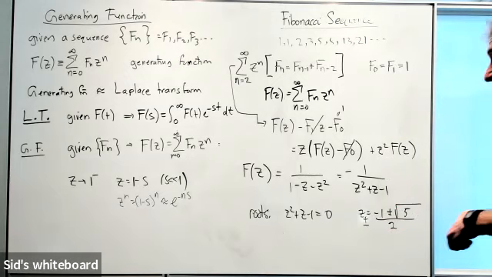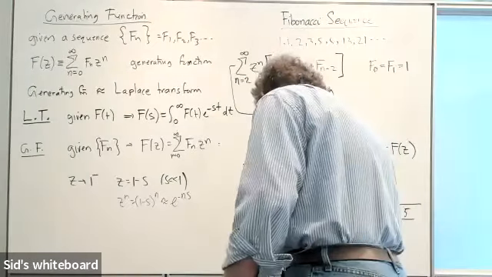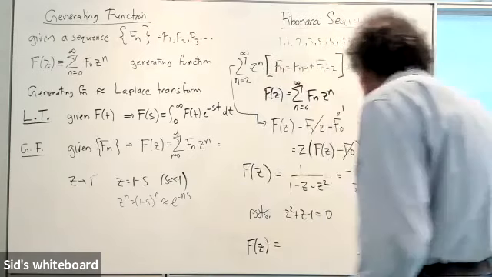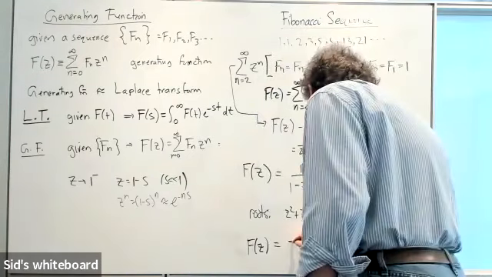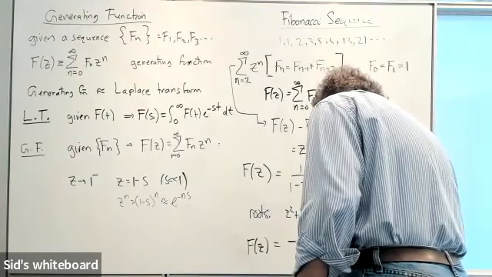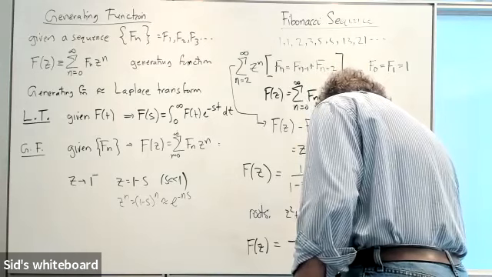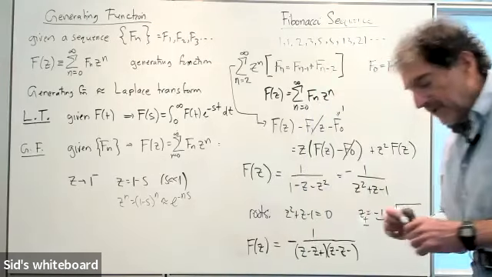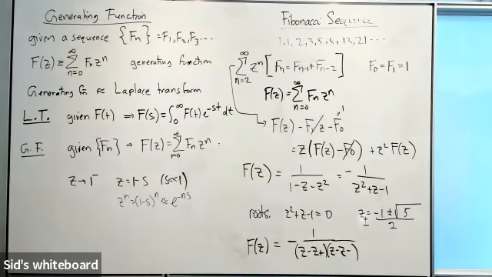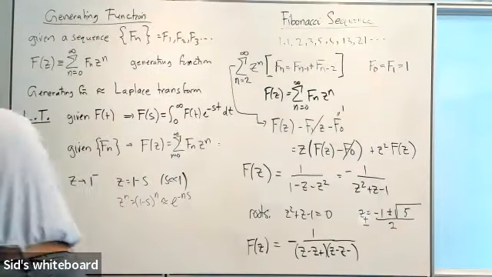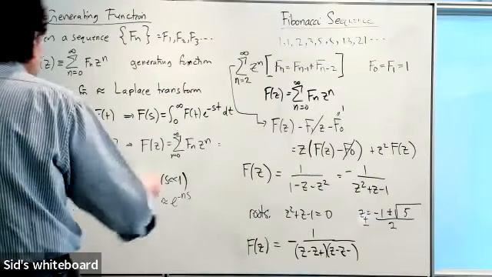So that means that f of z, I can write this in the following way. I can write it as minus 1 divided by z minus z plus times z minus z minus. And now we just have to manipulate this a little bit to put it in a form that we can expand it into a power series and get all the terms in the power series. So that's what I'm going to do next.